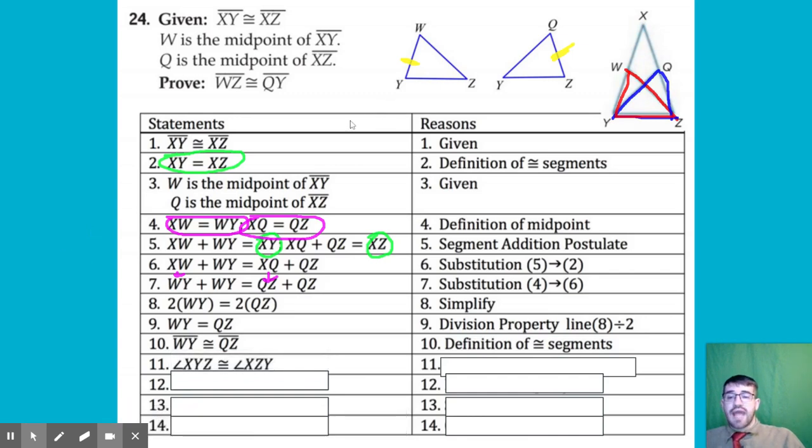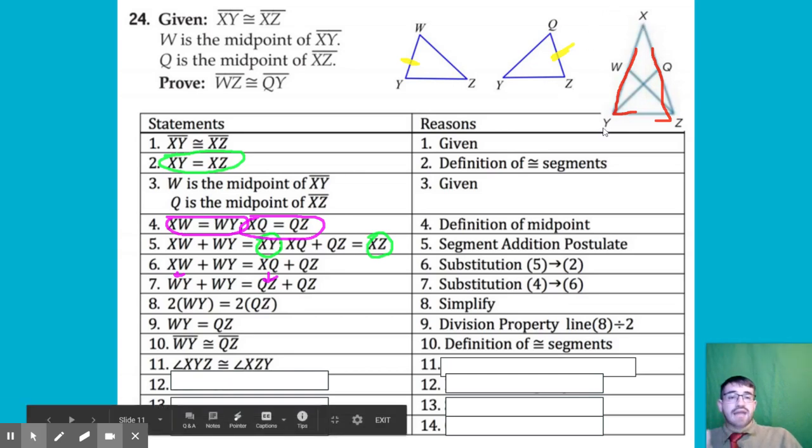We also know that angle XYZ, I'll start erasing some of this over here. I'll mark this up in red. So angle XYZ and angle XZY are congruent. How do we know that these two are congruent?